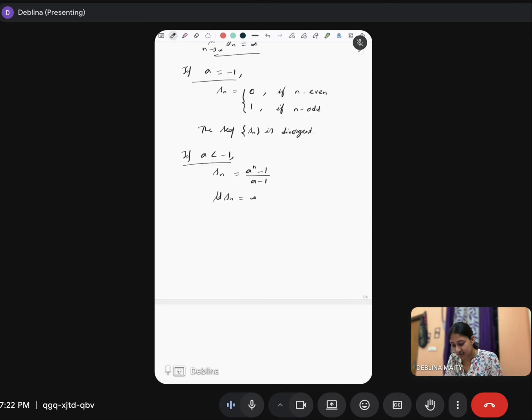So this means the geometric series is convergent for mod A less than 1 and divergent for mod A greater than or equal to 1. Right. So it is convergent only for mod A less than 1.